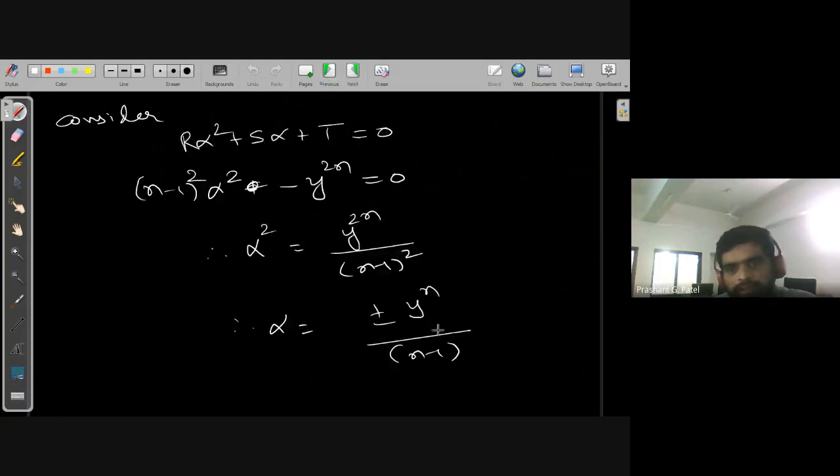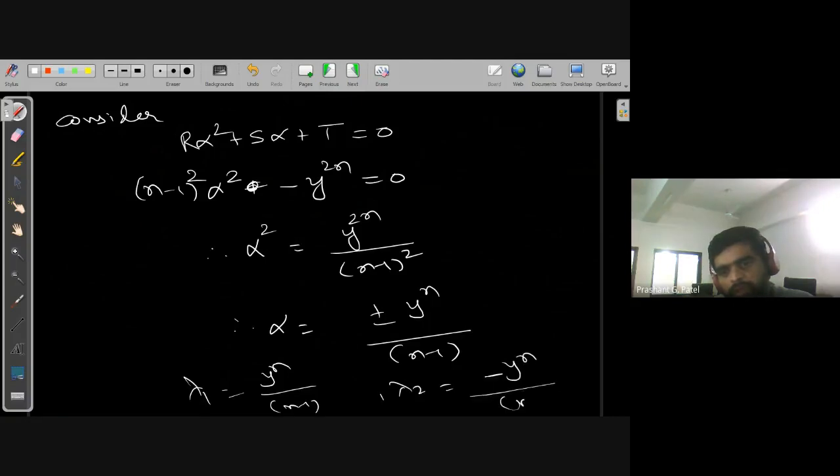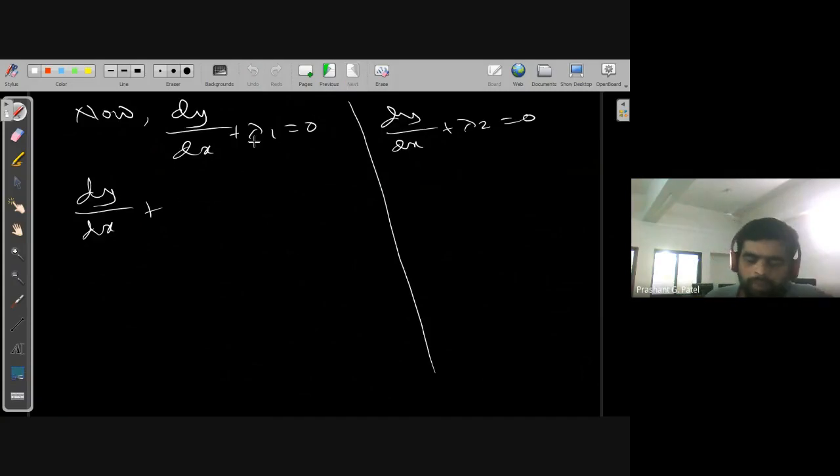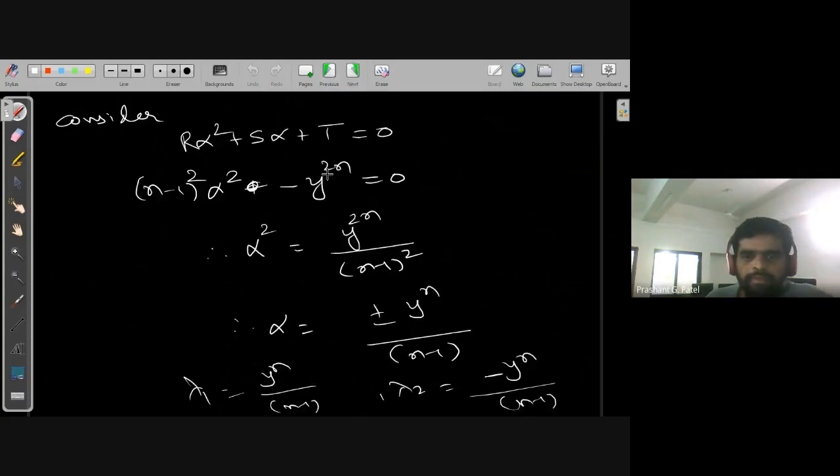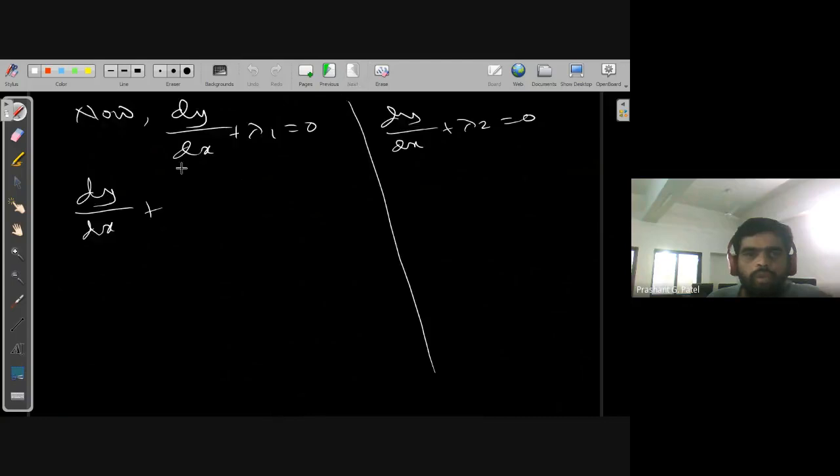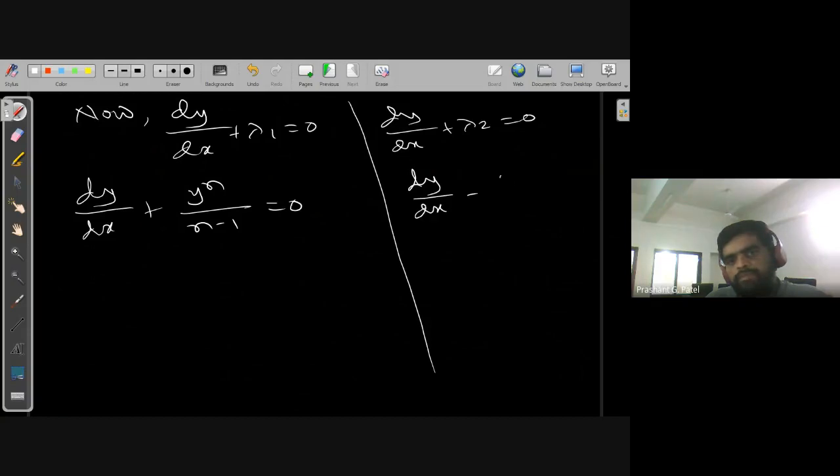We consider the value of λ1 as y^n upon (n-1), and λ2 as minus y^n upon (n-1). So dy/dx + y^n/(n-1) = 0, and dy/dx - y^n/(n-1) = 0.